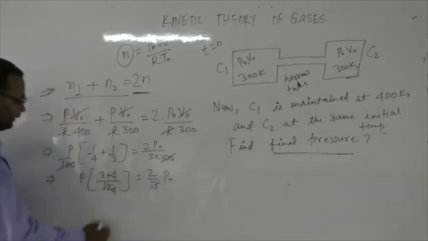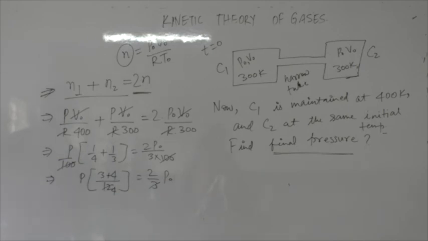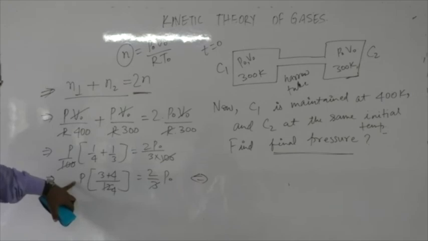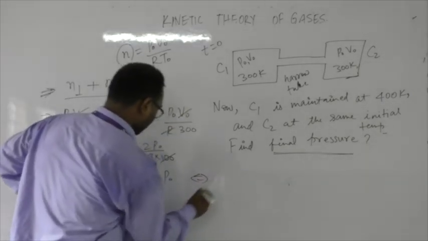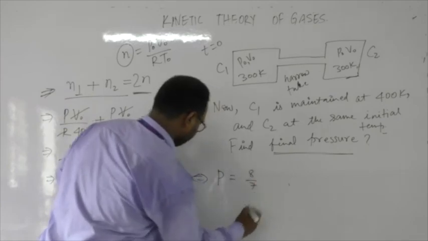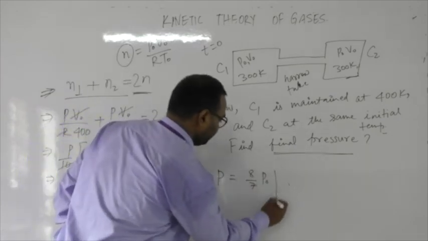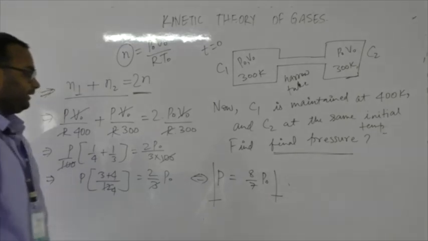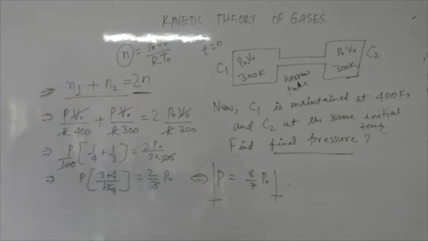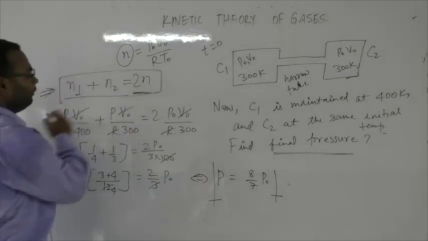Again you cancel these common terms. Now from here you can get P. You have to find P, so P will be 8 upon 7 P naught. So this is the final pressure, 8 upon 7 P naught, and here we used conservation of moles.